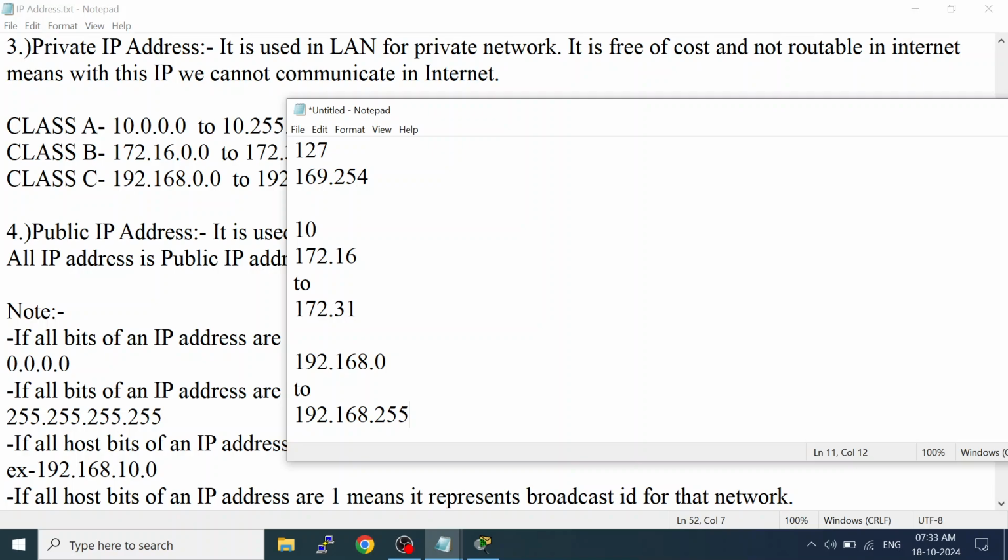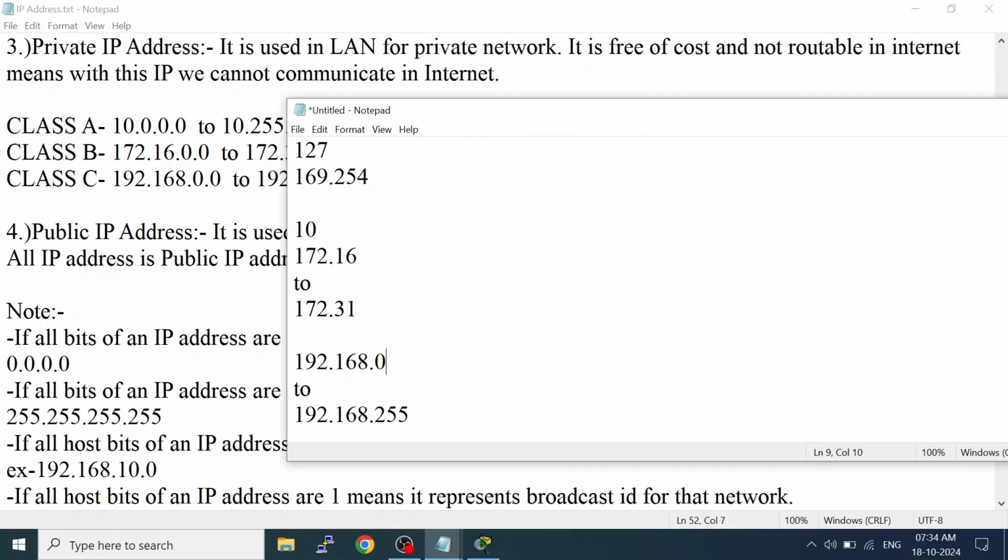Because after this fourth zero, we will put 1, 2, 3, 4, 5, until the 3 blocks values are the same. They will be in the same network. Clear this concept? So these all are private networks, or you can say private IP addresses of every class.